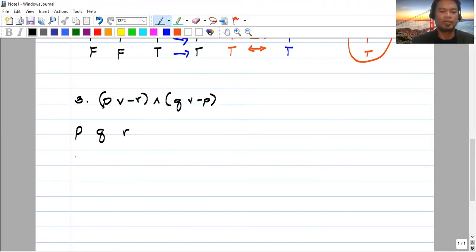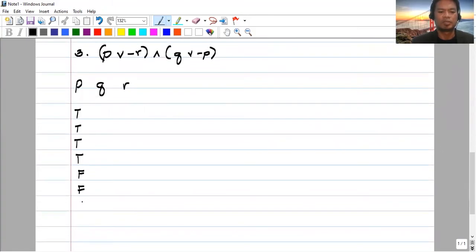So we have here true, true, true, true, false, false, false, and false. For proposition Q, we have 2 true and 2 false, 2 true and 2 false.